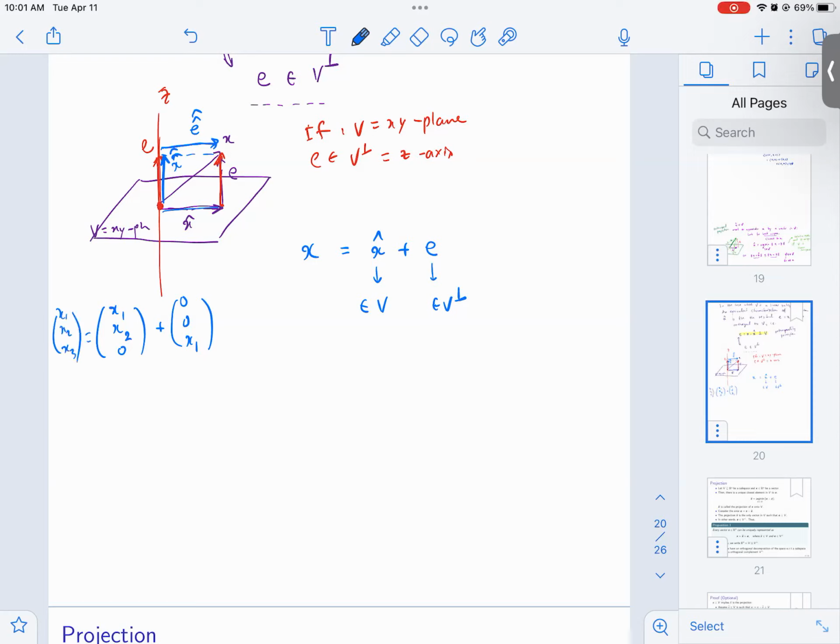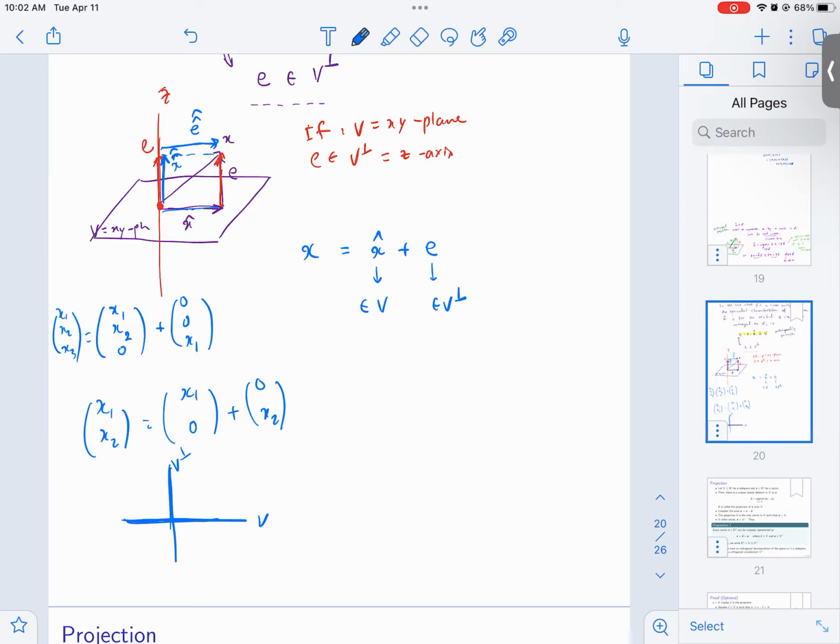In R2, for example, you can write everything as a projection onto the x coordinate plus a projection onto the y coordinate. So in R2, if this is V, this would be V perp, and everything can be written uniquely. The idea is that this representation is unique. There's a unique vector in V and a unique vector in V perp, such that I can decompose every vector as the sum of the two.